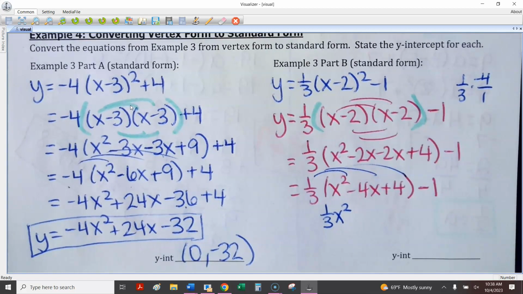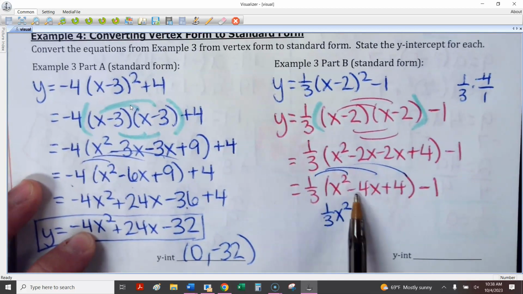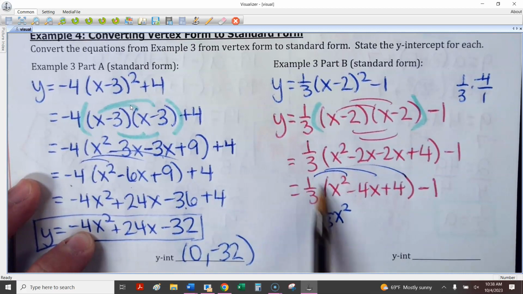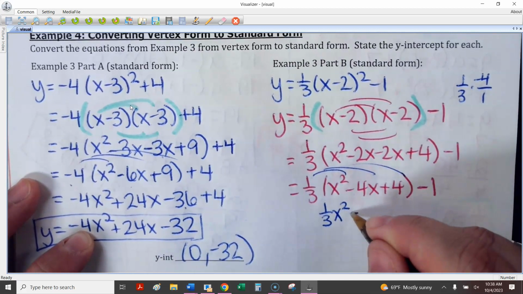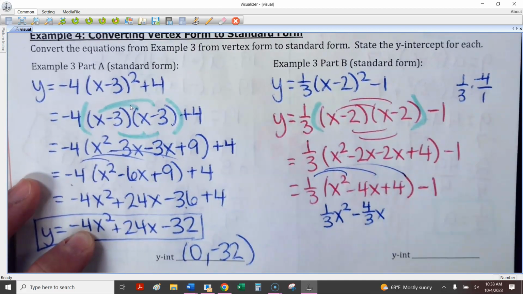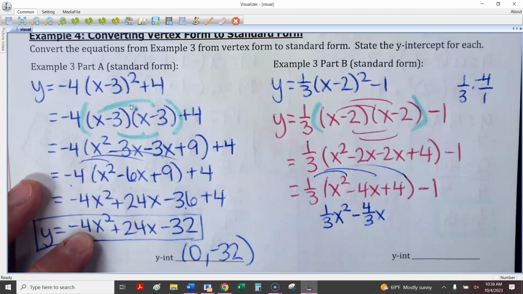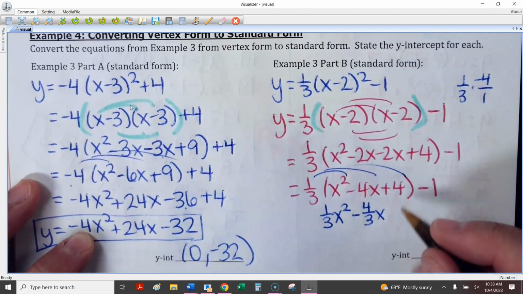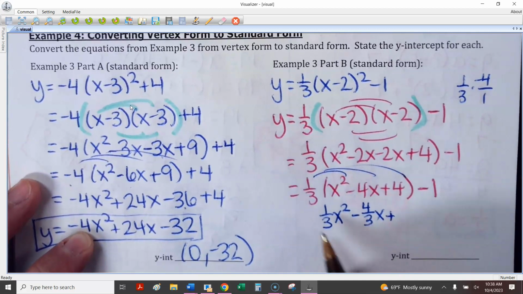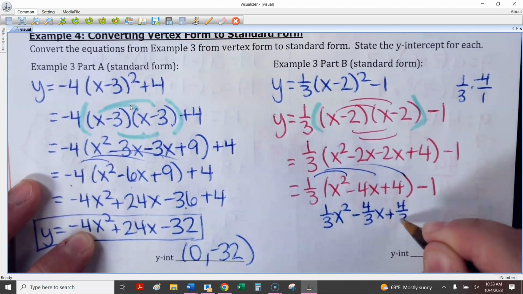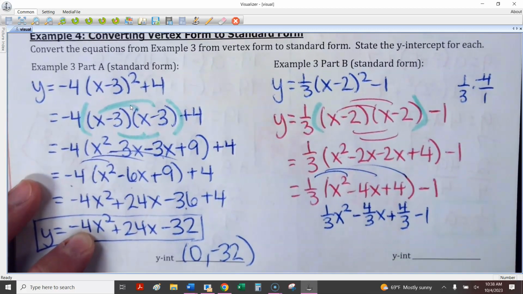No, we don't. Just straight across the top, straight across the bottom. If you multiply 1/3 by a plain number, that plain number is just going to go in the top of the fraction. So this would be negative 4/3 x for your linear term there. And then 1/3 times 4 is going to look really similar, but it's positive this time. So it would be 4/3. And then I have this negative 1.